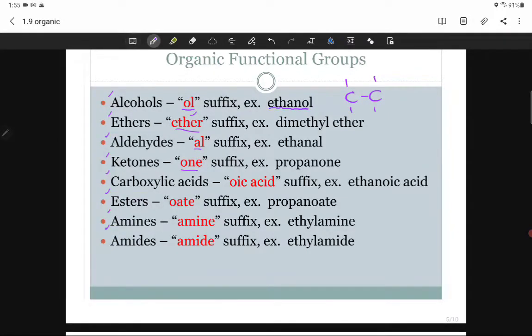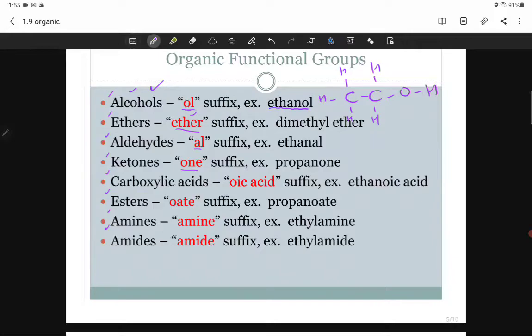First of all, if it was ethane, we can always start with the hydrocarbon and then make it into whatever we want, in this case alcohol. So here is ethane, and remember I said if you get rid of one of the hydrogens, then you can attach something to it. In this case, we're going to make it an alcohol. We don't know why yet, we're going to learn this in a second, but this would make it an alcohol.